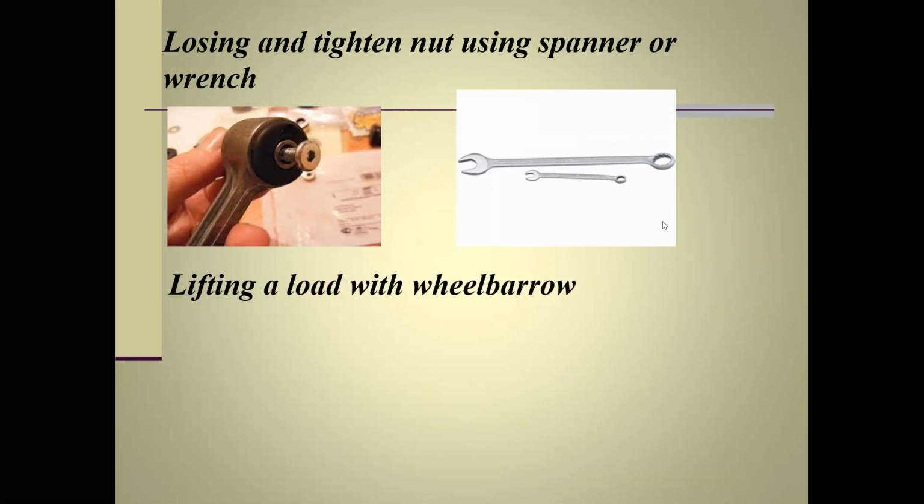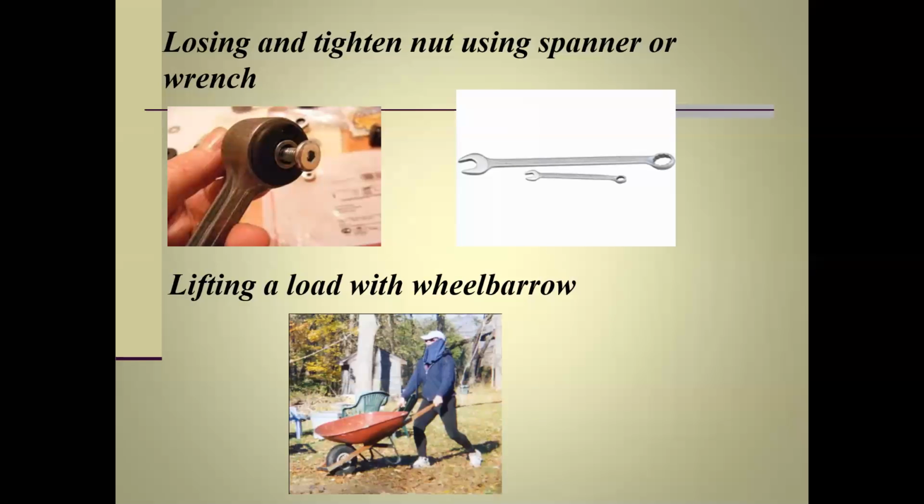Lifting a load with a wheelbarrow is also an example. Shooting a ball is momentum, not moment. When an object is fixed from one end and rotates around that point, we call that moment. When an object is moving, having mass and velocity, we call that momentum.